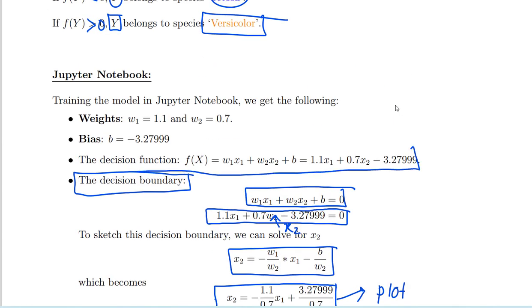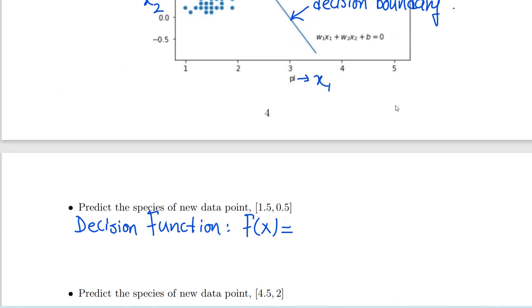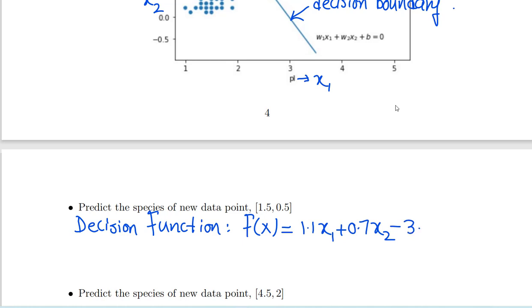This is the decision function here: 1.1 times x1 plus 0.7 times x2 minus 3.27999.